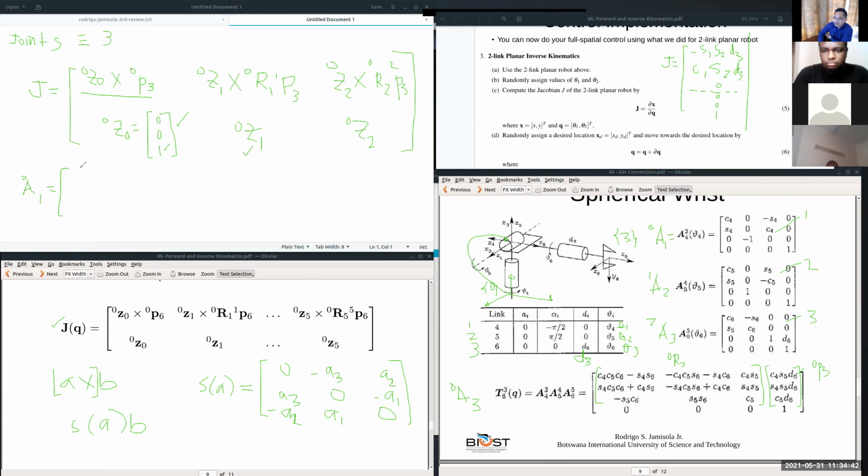We write down C1, S1, 0, 0, then 0, 0, minus 1, 0, then minus S1, C1, 0, 0, and 0, 0, 0, 1. There's no position translation there.